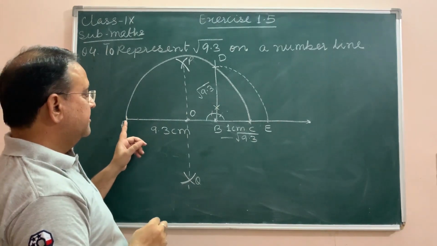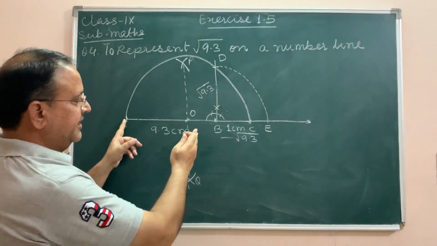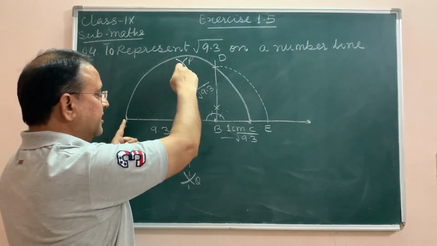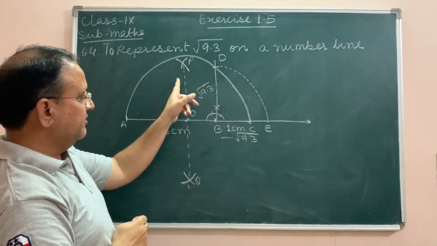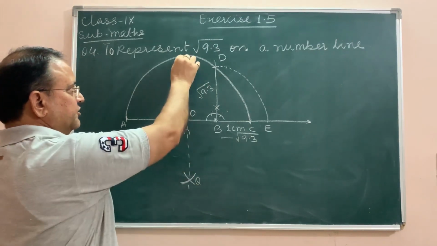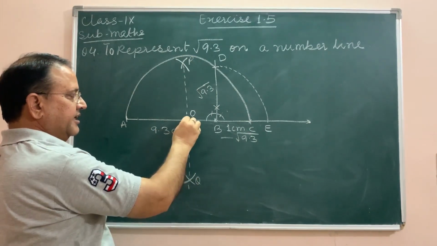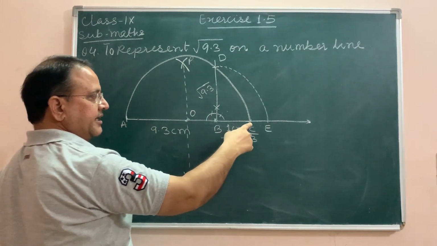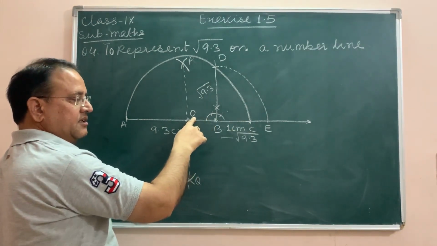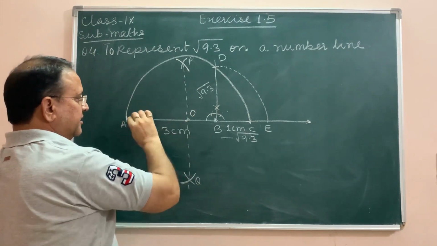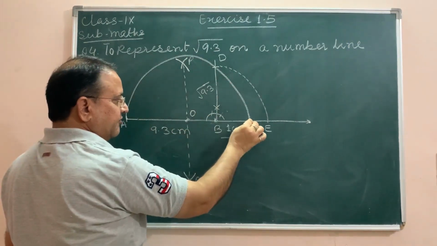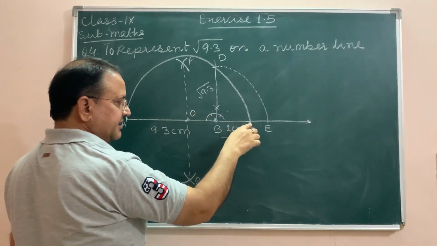Then with A as center, radius more than half, we will cut an arc. Then with C as center and same radius, we will cut the previous arc. We will join these 2 points. We will get perpendicular bisector of AC. That means O is the midpoint. With O as center, radius OA, we will draw a semicircle which will pass through A and C.